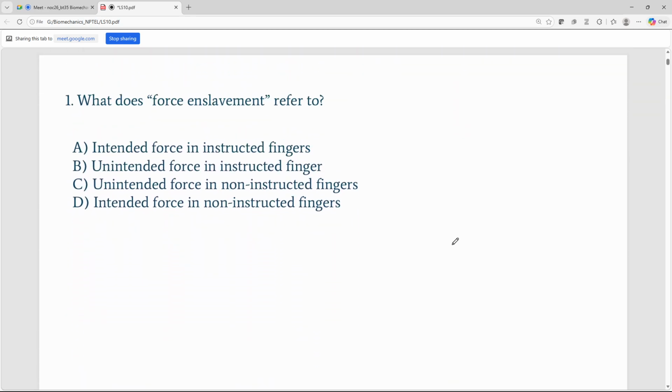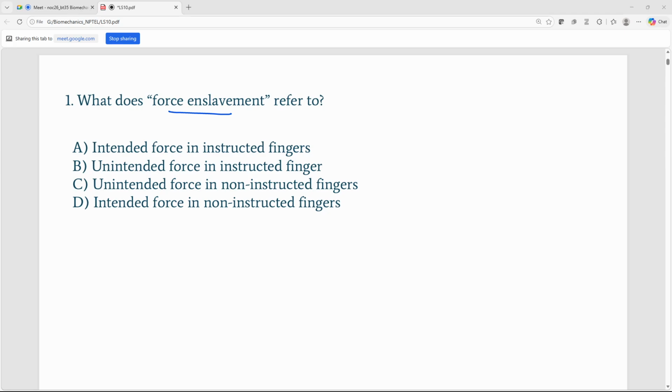So let's move on to our first question. What does force enslavement refer to? The options are: intended force generated in instructed fingers, unintended force generated in instructed fingers, unintended force generated in non-instructed fingers, intended force generated in non-instructed fingers.